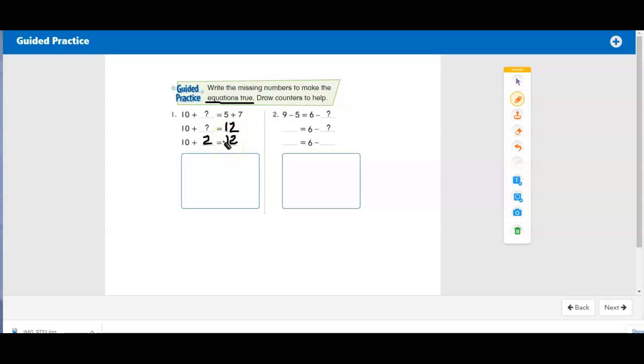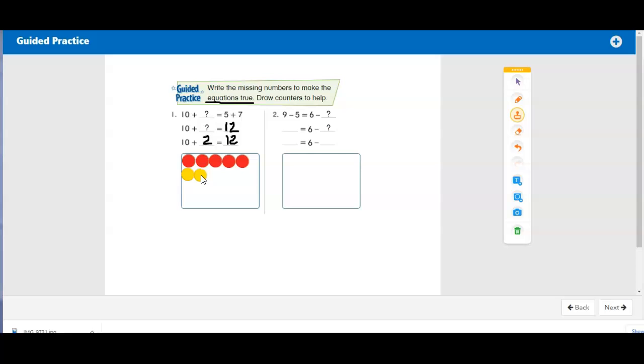Now you can use counters if you would like. You could use counters to help you solve for 5 plus 7, and then also solve for 10 plus blank. So for example, if you wanted to solve for 5 plus 7, if you don't have counters at home, you can also just do this with your pencil and make X's. So if you wanted to solve for 5 plus 7 first, you could make the 5 red counters.